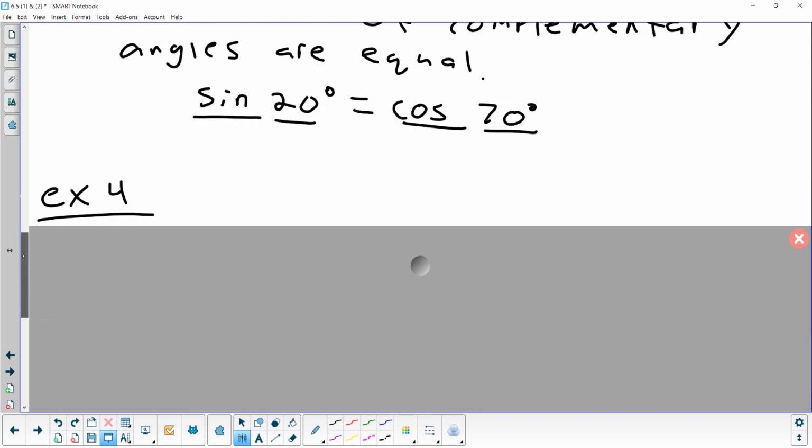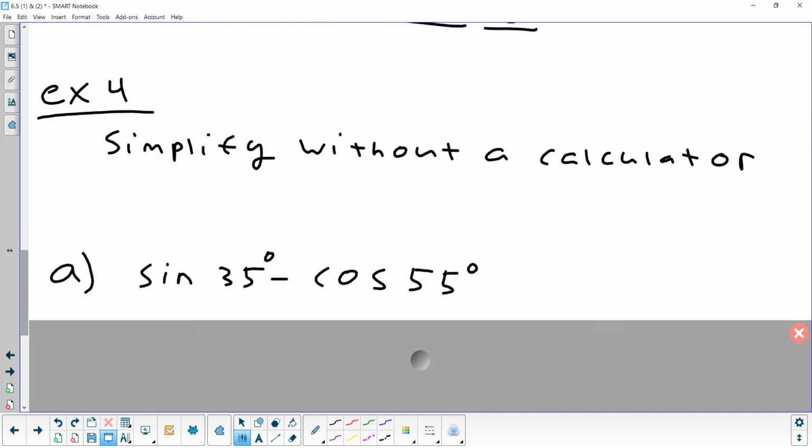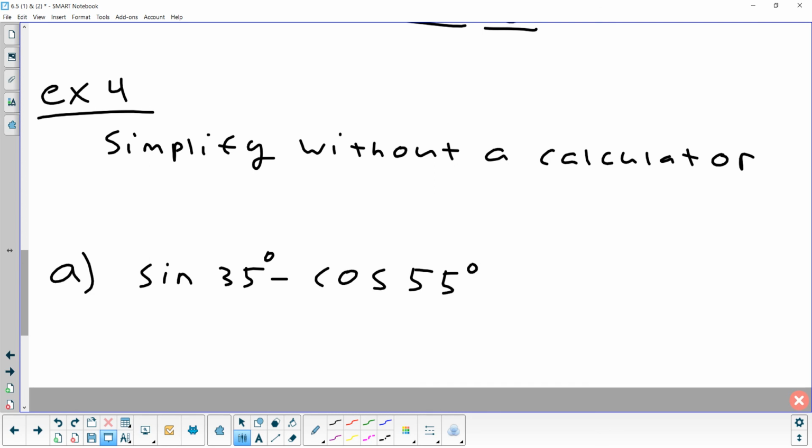So where that comes in helpful is a problem like this. The sine of 35 minus the cosine of 55. What I'd be more interested in this kind of problem is not really the answer, because you could just type that in on a calculator. I'm more interested in you explaining why you get what you get.